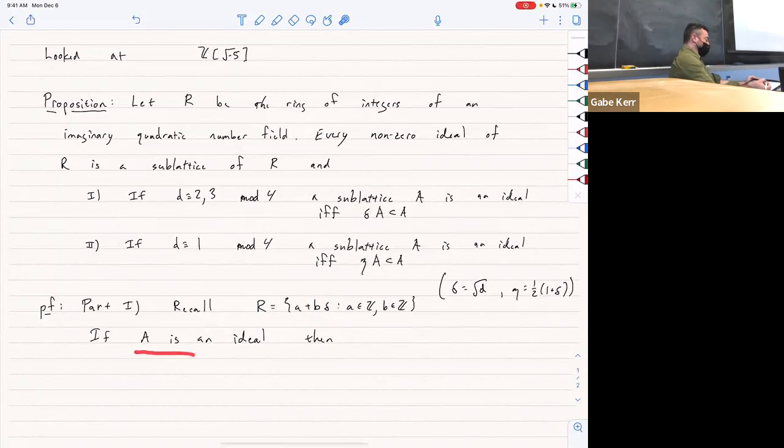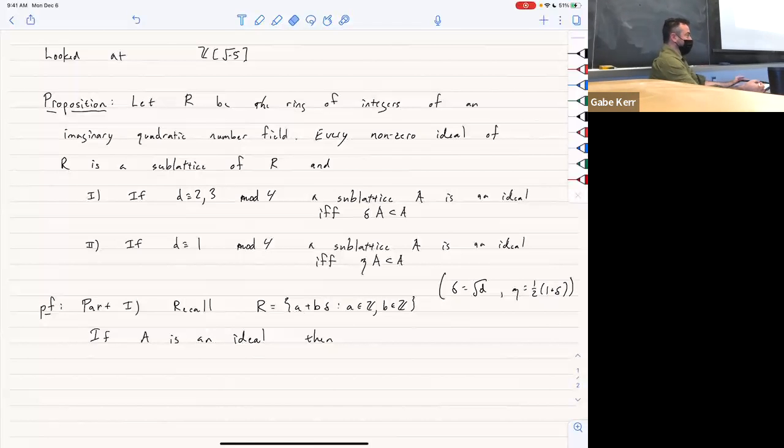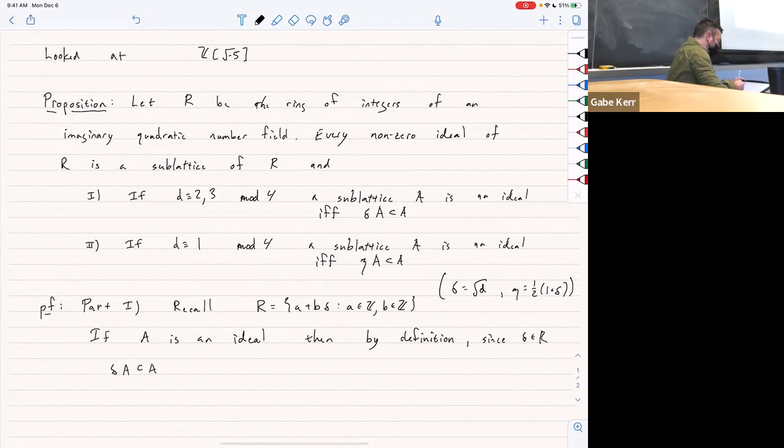To be an ideal means if I take anything in this set A and multiply by delta, it has to still be in A. That's one of the defining properties.